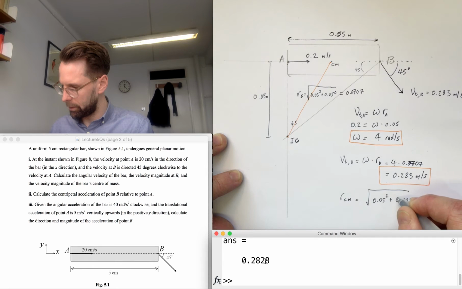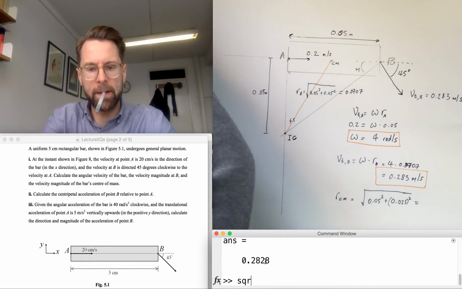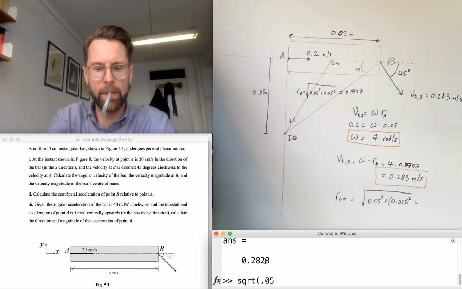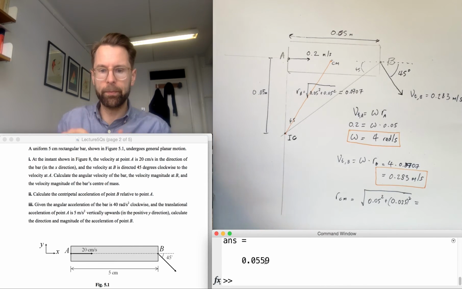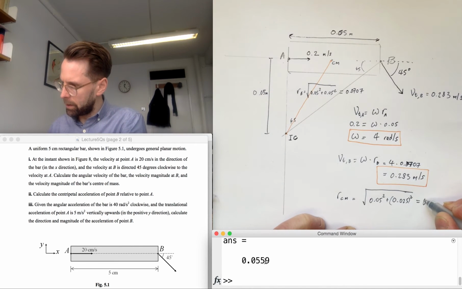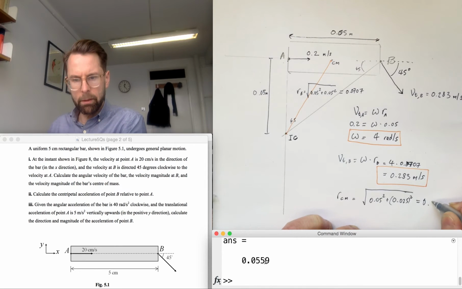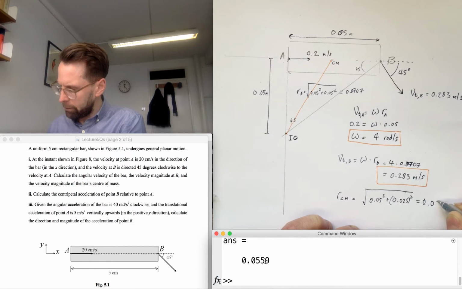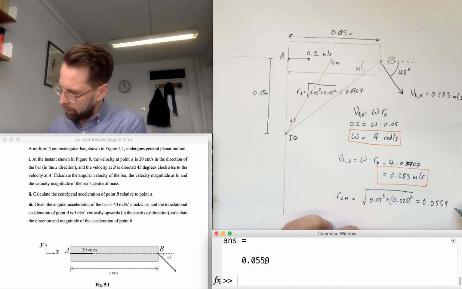So that's equal to the square root of 0.05 squared plus 0.025 squared, which is 0.0559.